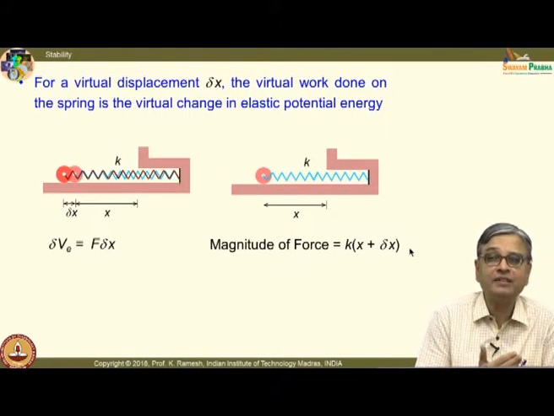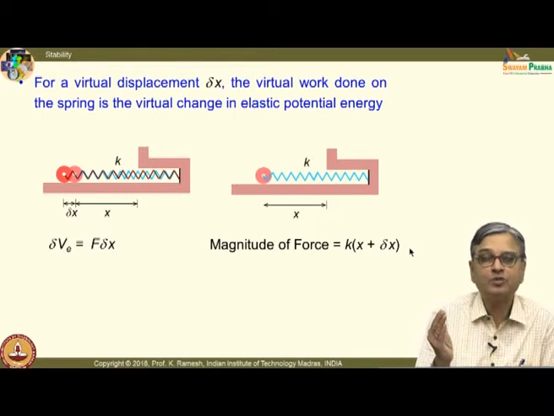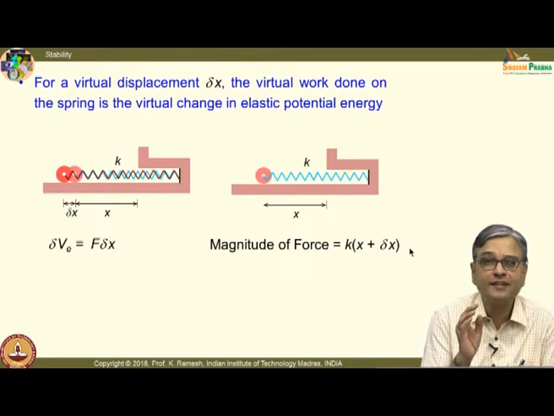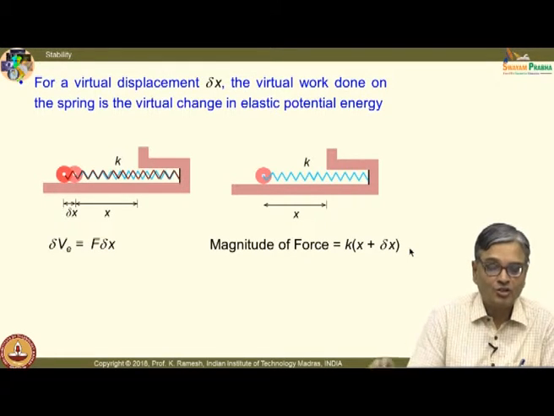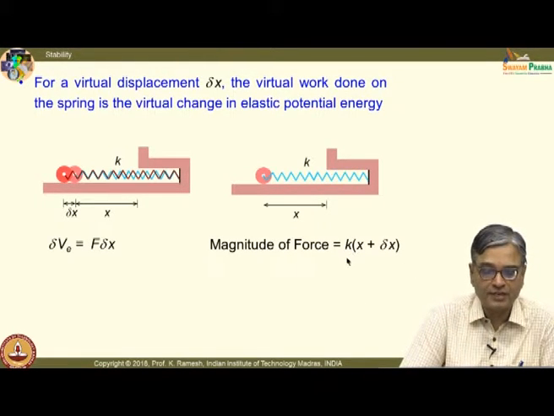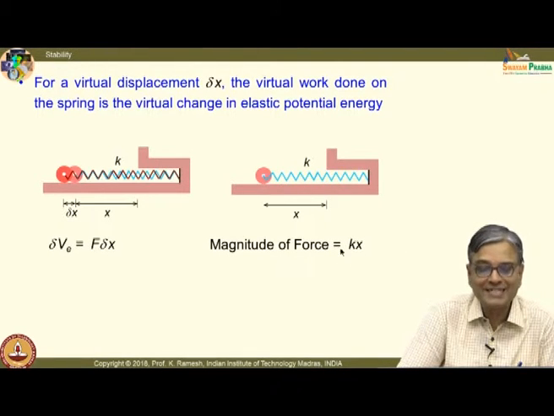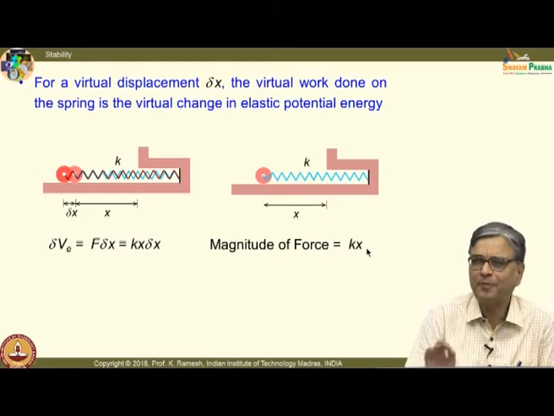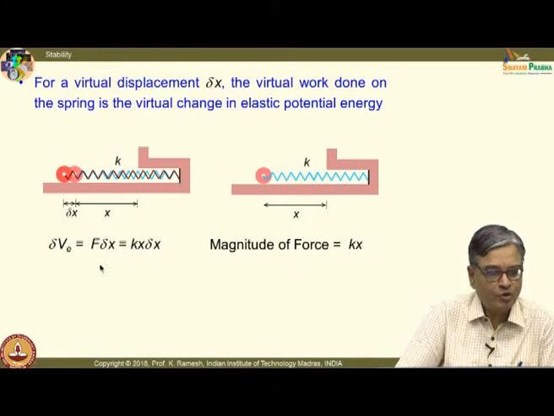See, we are dealing with virtual displacements. In virtual displacements, we give a virtual displacement, but do not consider the force that is necessary to give that virtual displacement. So, I cannot have the magnitude of force as K into x plus delta x; I will have to have the force only as kx. Very subtle point. So, I would write the virtual change of elastic potential energy as kx into delta x.